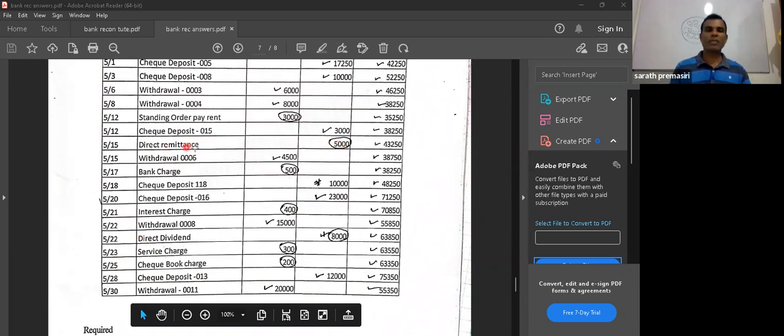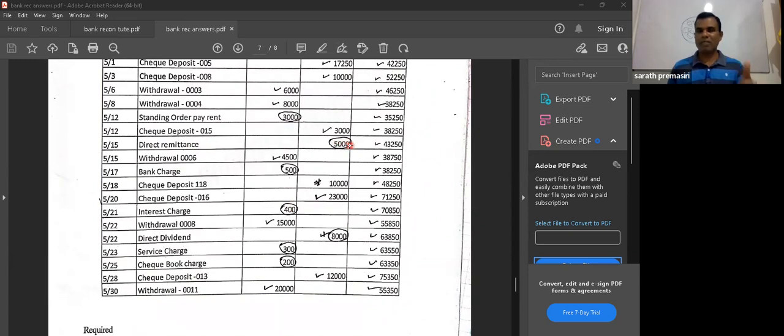Direct remittance in the sense that a debtor of your business, or customer of your business, has deposited a check into your account directly. That is what we call direct remittance.